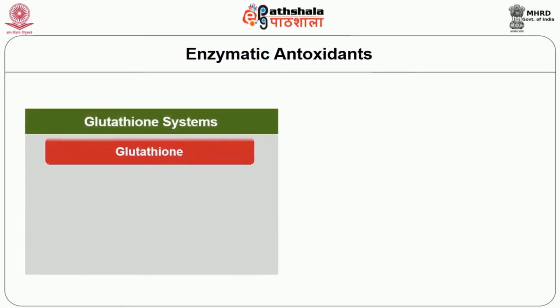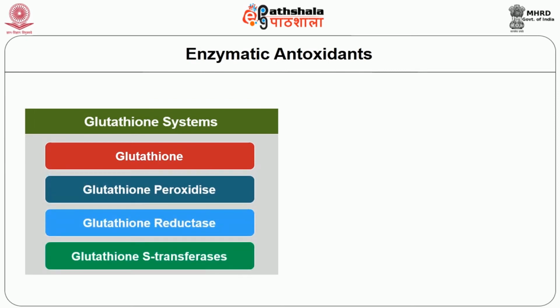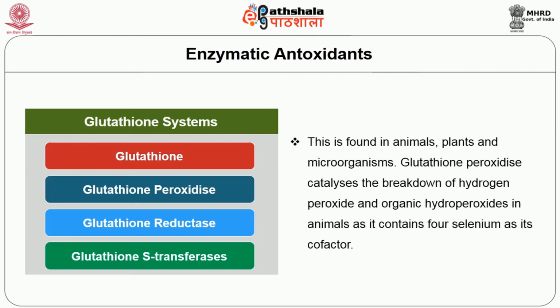Glutathione systems include glutathione, glutathione peroxidase, glutathione reductase and glutathione transferases. This is found in animals, plants and microorganisms. Glutathione peroxidase catalyzes the breakdown of hydrogen peroxide and organic hydroperoxide in animals, as it contains selenium as a cofactor.